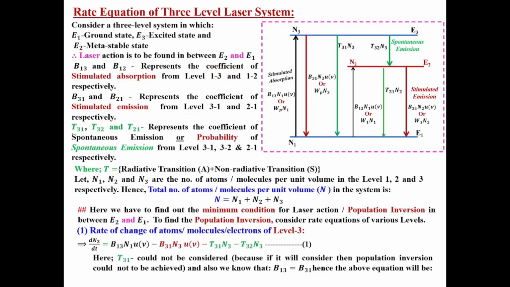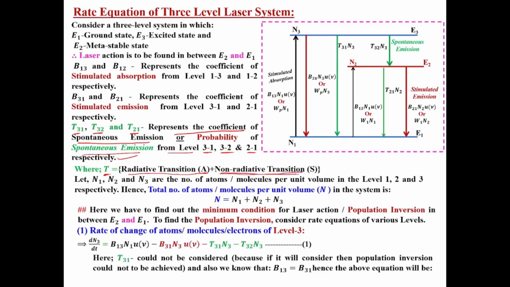Here T31, T32, T21 represent the coefficient of spontaneous emission, or probability of spontaneous emission, from level 3 to 1, 3 to 2 and 2 to 1 respectively, where T represents both radiative transition plus non-radiative transition.